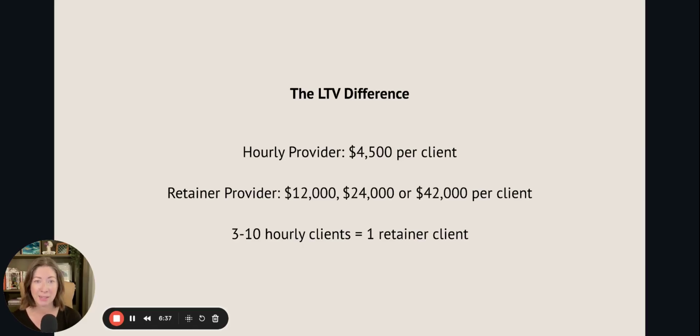To break down that in individual client math, you're looking at 3 to 10 hourly clients could equal one retainer client. And so I'm never going to be the person that's going to say, get rid of all of your hourly clients and switch to retainers. I don't think that that's necessarily what feels good for a lot of people. It puts a lot of pressure on businesses.